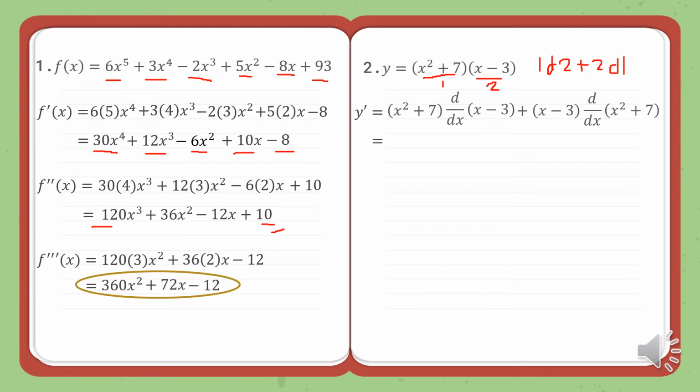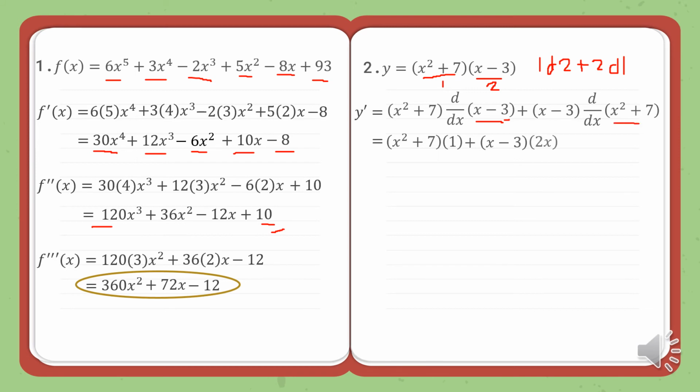Simplify natin, is equal to, copy natin si 1, x squared plus 7, derivative neto, ng ating second. So, ang derivative ni x is just 1, and ang derivative ni 3 is 0, kasi constant naman siya. Then, we have plus x minus 3, copy natin, and derivative neto.